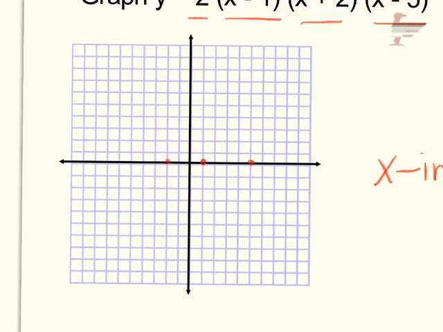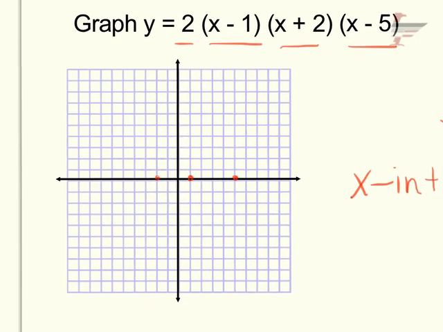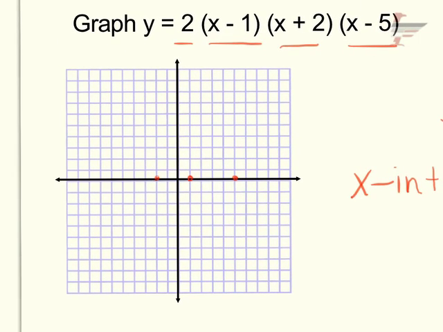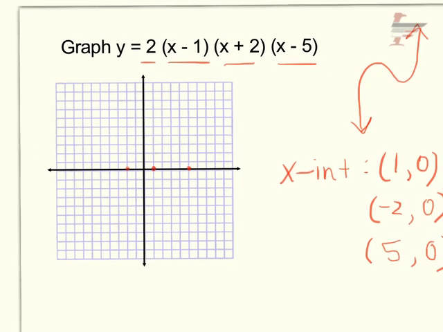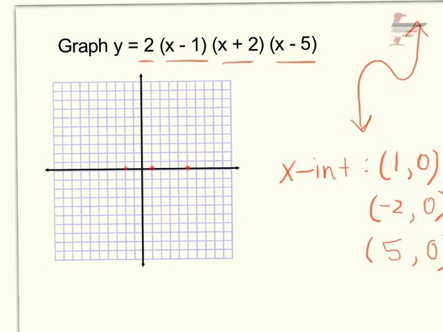So there are my x-intercepts. And then from there, again, I know that it's cubic, so I can kind of envision that, and none of those are repeated, so it's got to cross through, but I don't know how wide, or how high and low those mins and max might go, so here's where you're going to need to test some points.